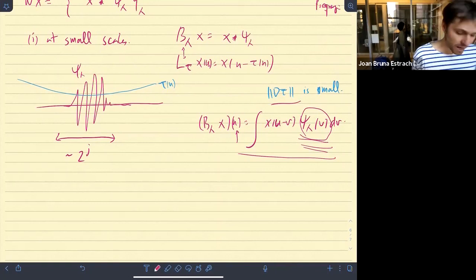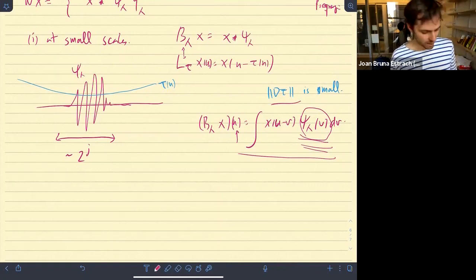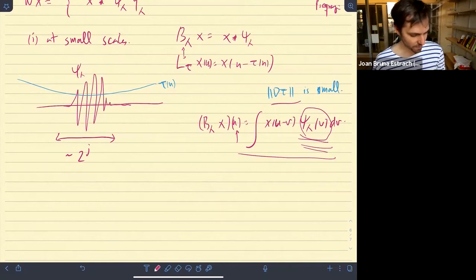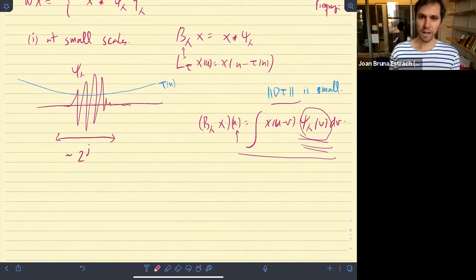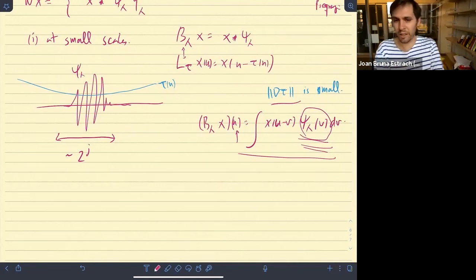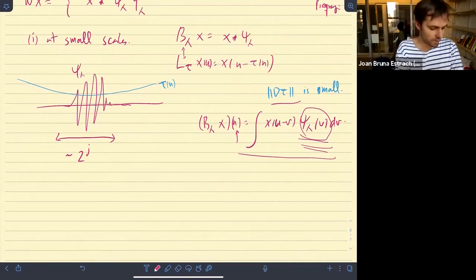And so the point is that I have some interaction, so I need to understand how does this deformation look like at the scale of the wavelet? As you can see that what happens is if I have a function tau that is very smooth, and I look at this function in an interval that is very tiny. So if this interval is very, very tiny, what happens? What do you think I can do? What kind of approximation can I make in terms of this deformation?